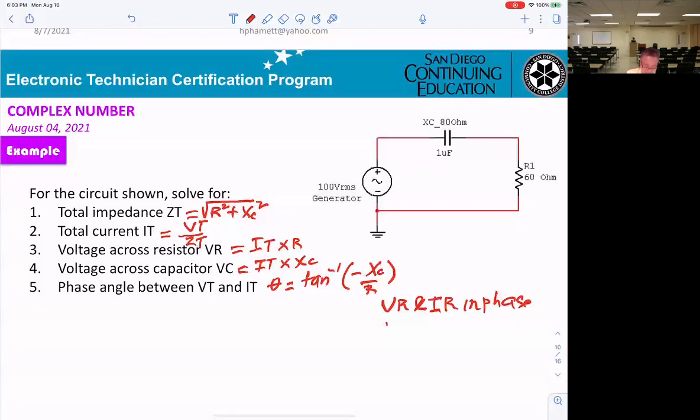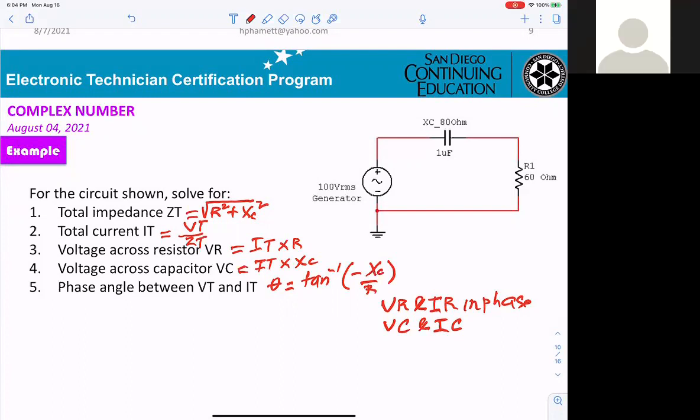How about IC? Using VC, IC, what happened to VC and IC? 90-degree phase difference.